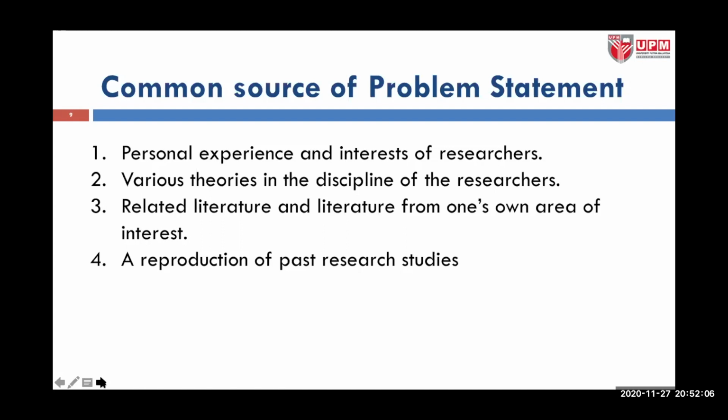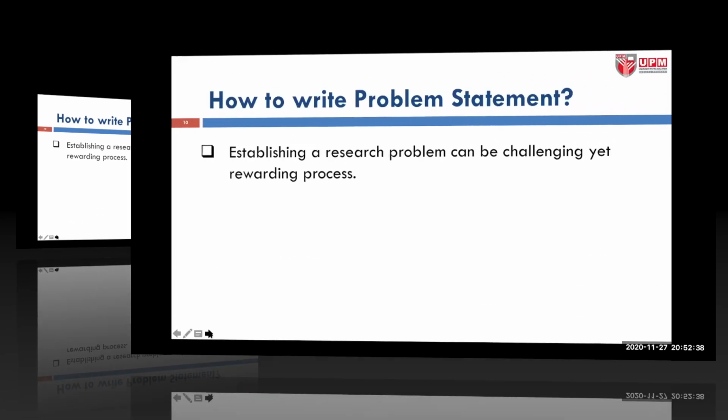Because some researchers don't put in detail the procedures, and maybe on purpose they leave something behind. Actually, it is non-ethical to do that. Whenever you write a methodology, the purpose is so that other people can replicate the result and compare with your own. So a reproduction of past research studies can also be a common source of a problem statement, right?